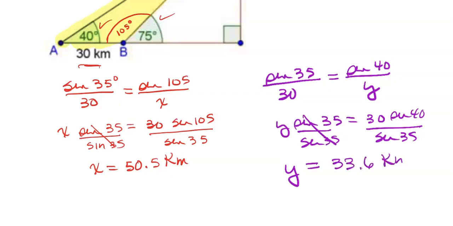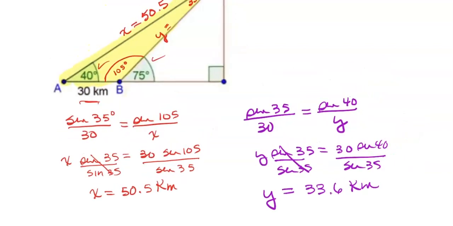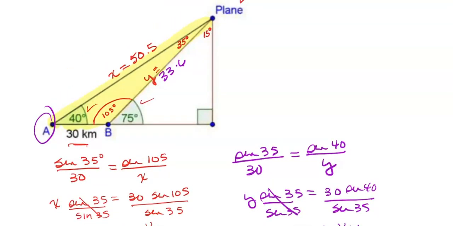And again, we are in kilometers. I have found both values that I needed. So the 50.5 is the distance between observer A and the plane in kilometers, and the 33.6 kilometer answer is the distance between B and the plane. So that solves that problem.